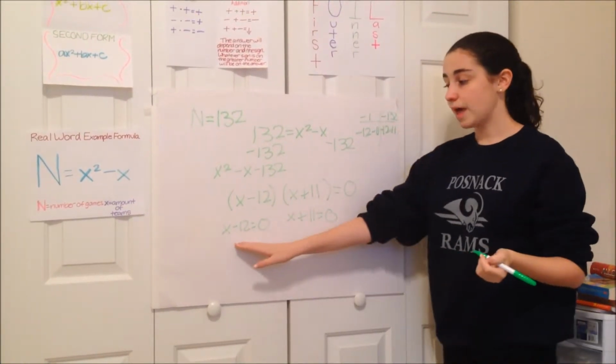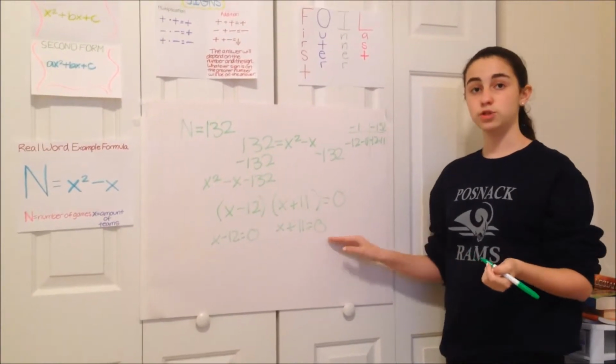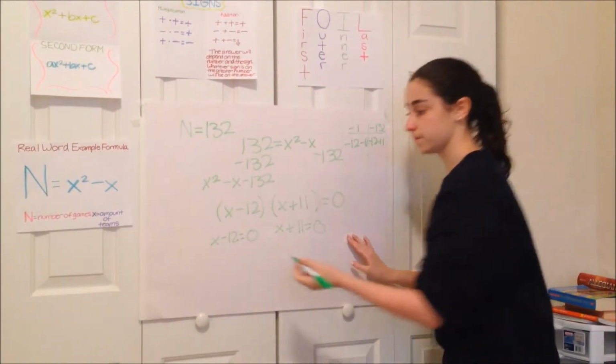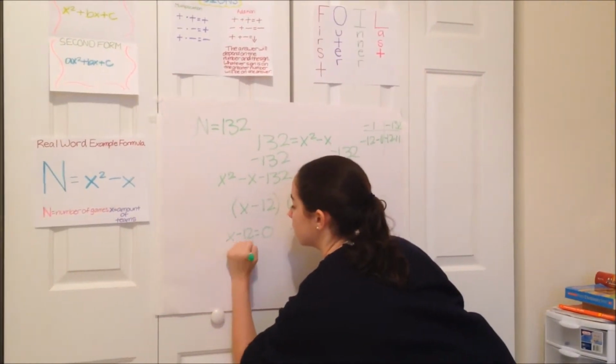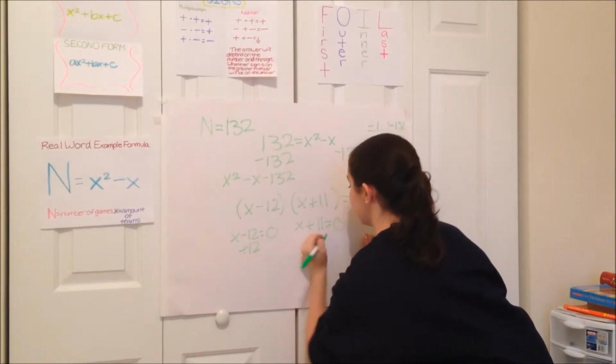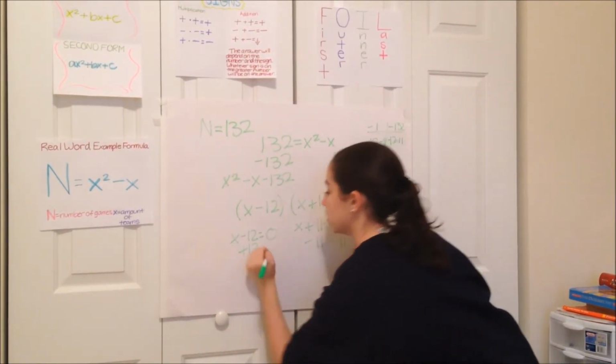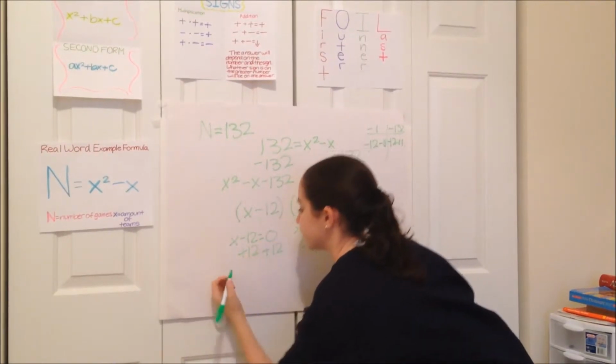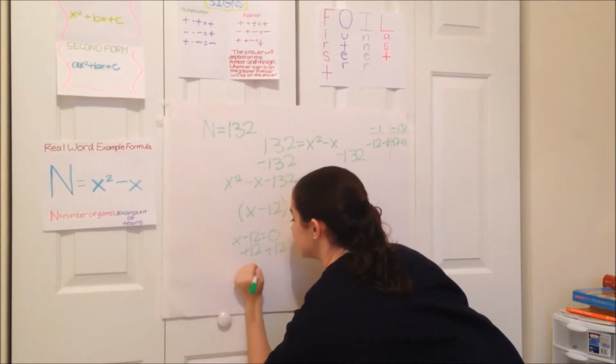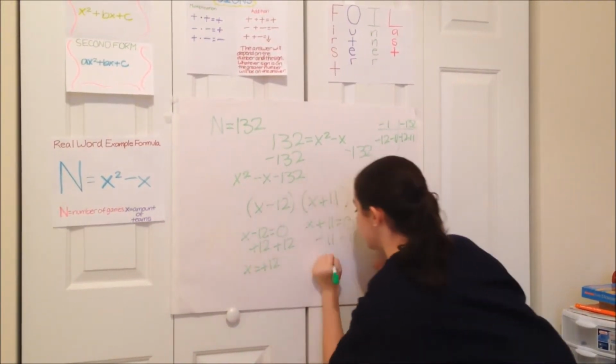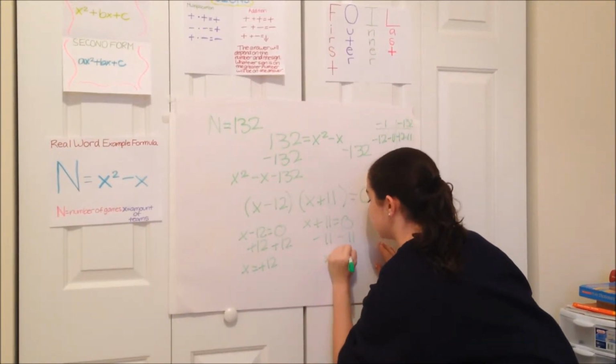Now, you're going to add and subtract to move the numbers to the other side so you don't have an equal 0. So you're going to add the 12 and you're going to subtract the 11. So that gives x equals positive 12 and x equals negative 11.